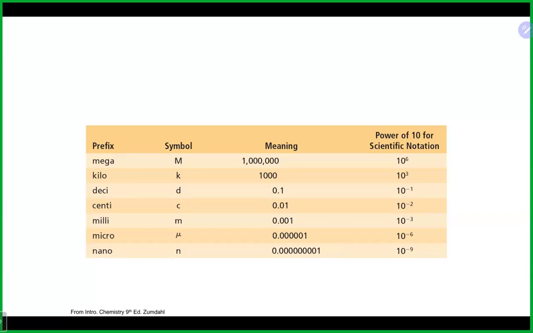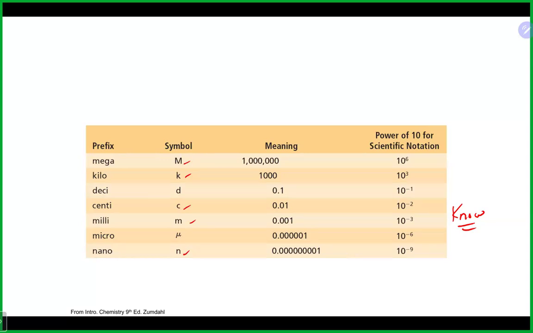Probably in your chemistry career, you will come across pretty much all of these, so this is something you need to know along the way. For us, very common ones that we will see are mega, kilo, centi, milli, and a little bit of nano. As you go through the rest of the classes, you really will pick up the rest of the ones that are in there as well.